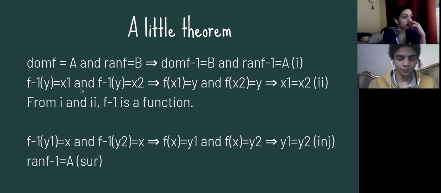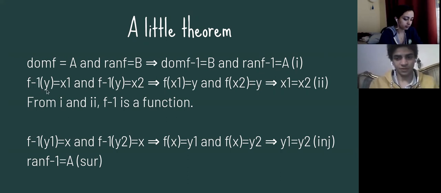Okay, now let's first look at f inverse of y equals x1. We want to prove that f inverse is first a function, then that this function is actually bijective. Okay, so that's the first condition for it to be a function, because I know that if the range of f inverse equals A, then it's a subclass of A also at the same time.